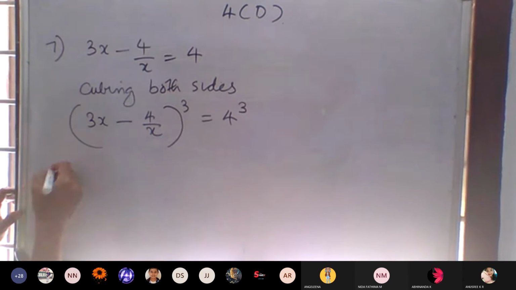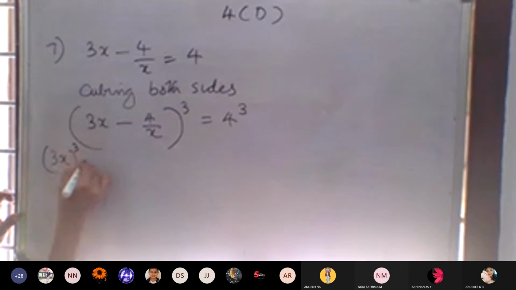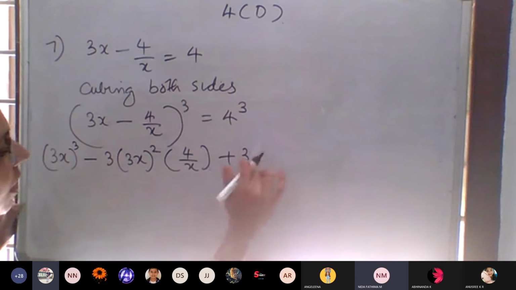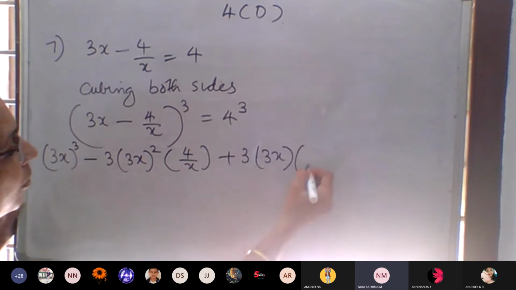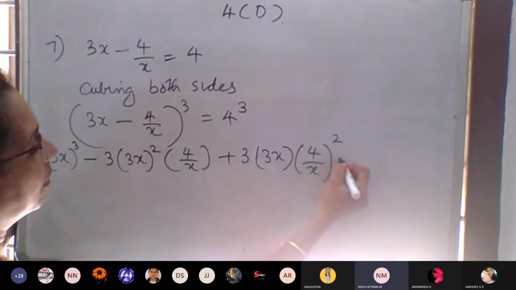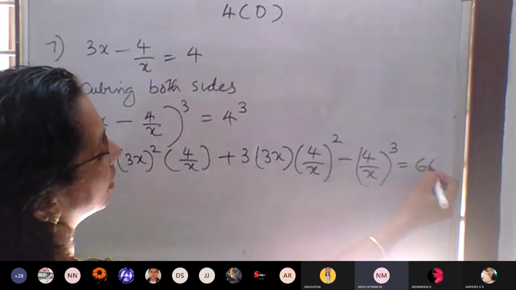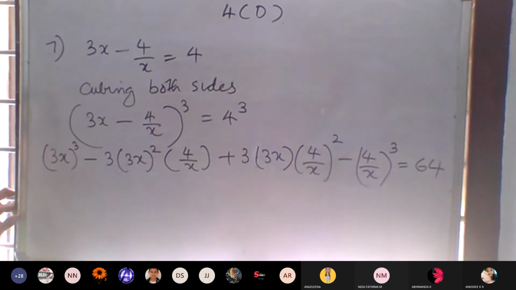I will start. So this is in the form of a minus b whole cube. So 3x the whole cube, a cube, minus 3a square b, 4 by x, plus 3 into 3x into 4 by x whole square, minus 4 by x whole cube, is equal to 64. So 3 cube, that is 27x cube.